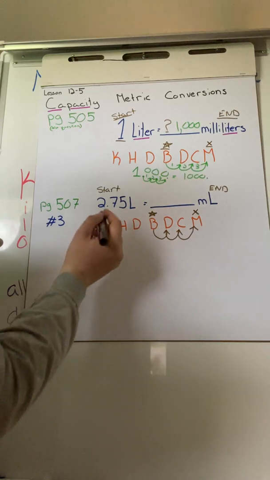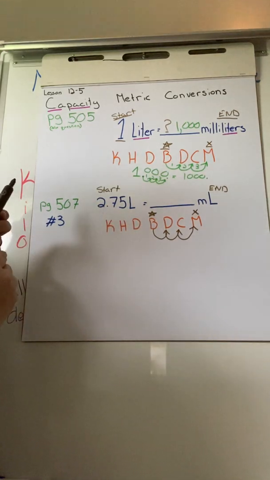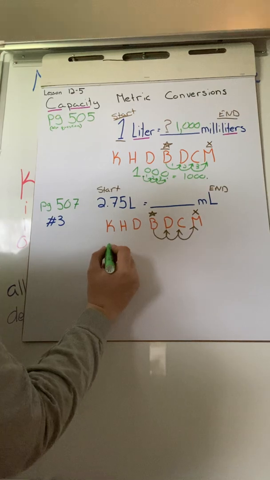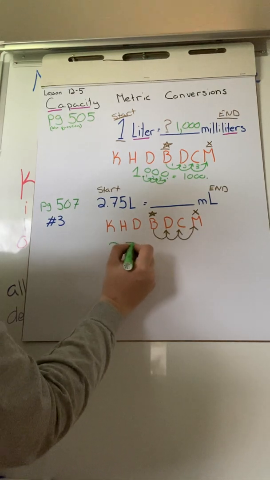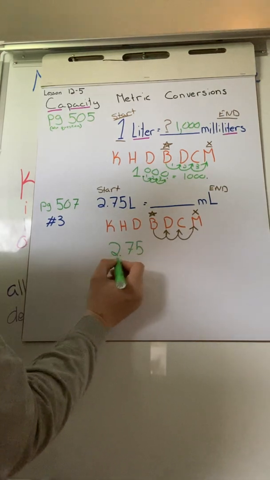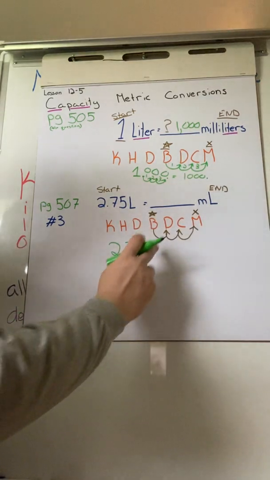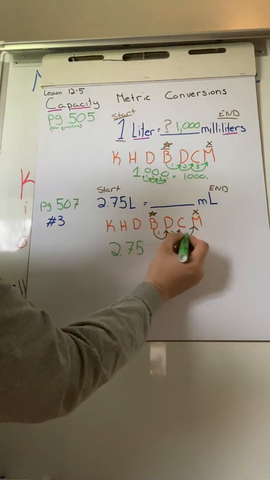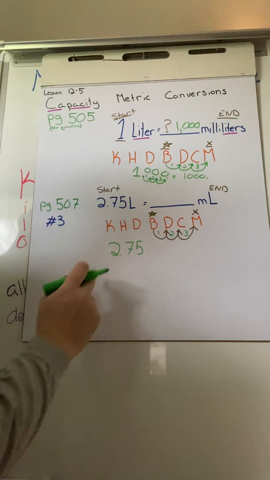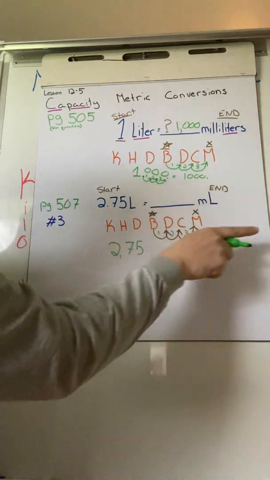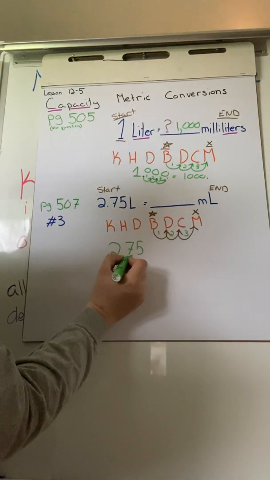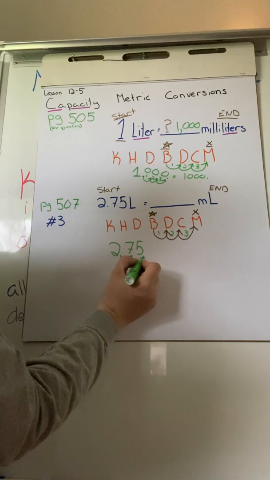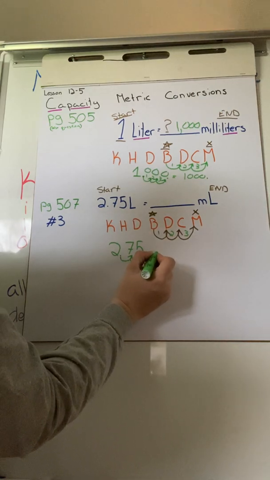So when we look at this, I rewrite my number, 2.75 or 2 75/100ths. And I have to move it 1, 2, 3 place values again. So I take my decimal, same direction to the right, and I'm moving it 1, 2, 3 place values.